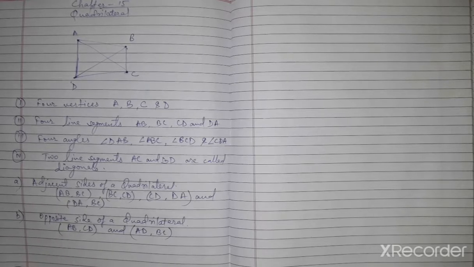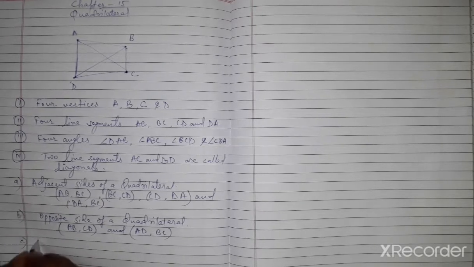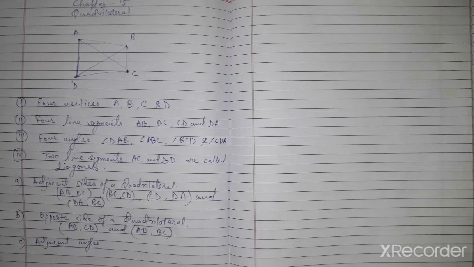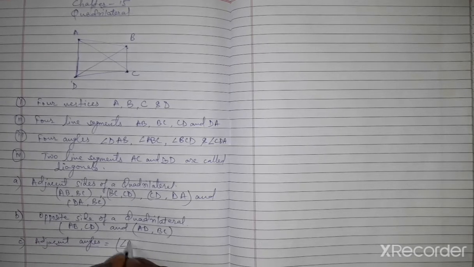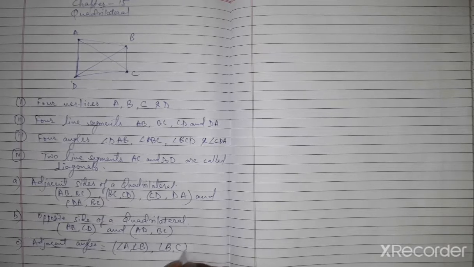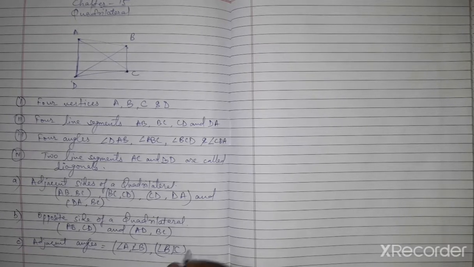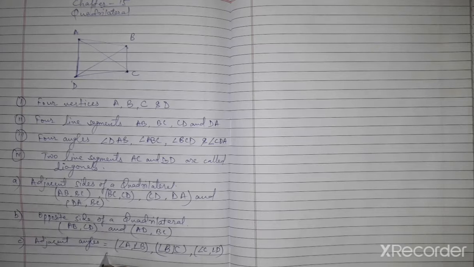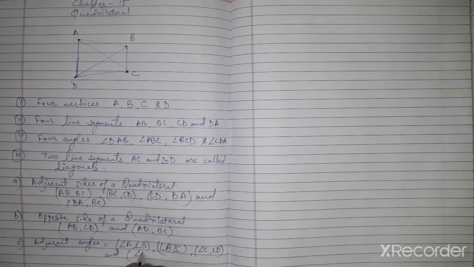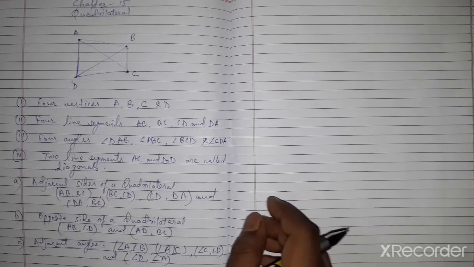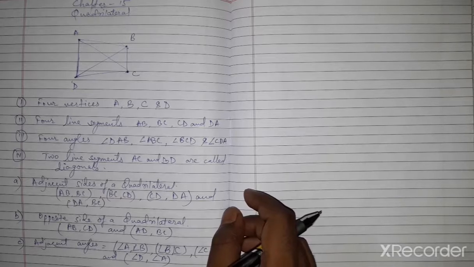Now next is adjacent angles. Adjacent angles are angle A, angle B; then angle B and angle C; then angle C, angle D; and angle D, angle A. Two angles of a quadrilateral having a common arm are called adjacent angles.